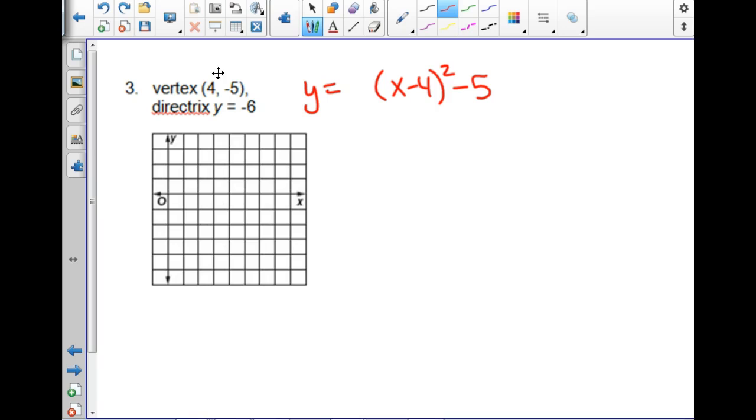Okay, she put in her H and her K. How do you find the directrix? Give me the recipe for the directrix, or the formula that's on your little sheet. Okay, y equals k minus 1 over 4a.